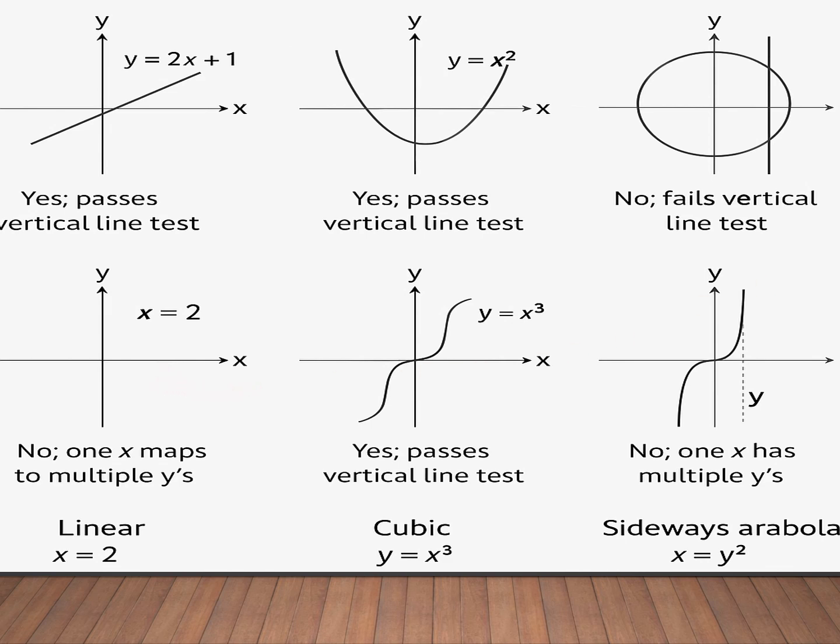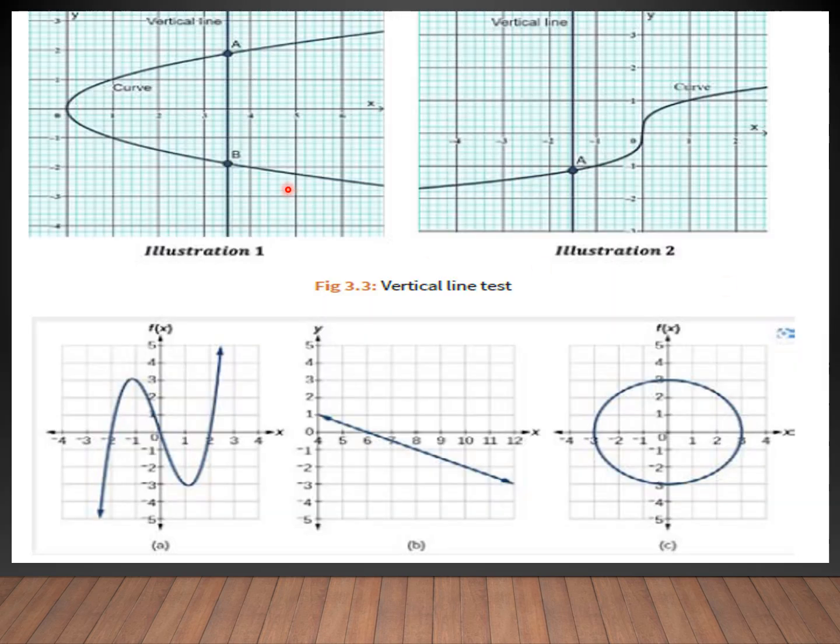Okay, so we can move to the next section, where we look at the graphs here. This one is a parabola facing the x-axis rather than the normal y-axis, and here the vertical line test shows that this one fails to be a function.